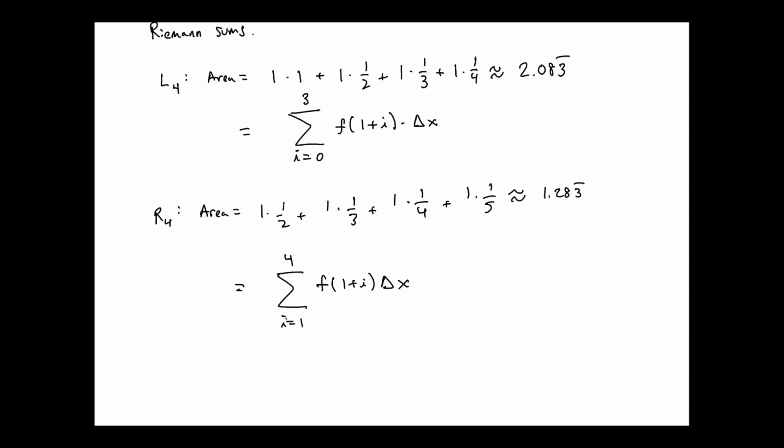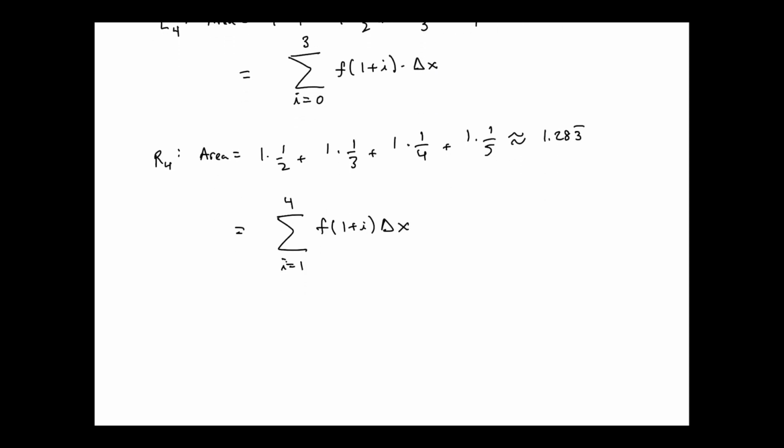I'm sorry, 1 and 5. So what we were trying to find here was this, and both of those sums that we've written are approximations for the true value, this integral that we were after. Does that kind of make sense?